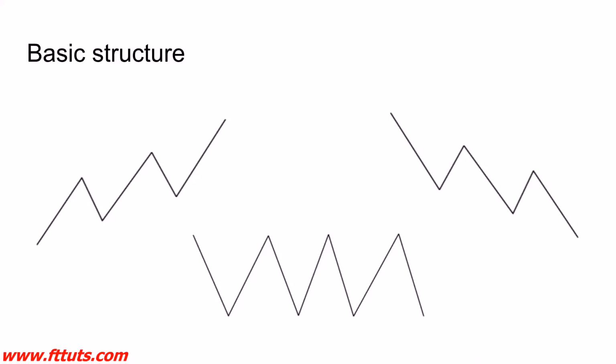So I think next time that I record this, I will change the wording. We're going to be looking at structure as opposed to patterns today. So forget the word patterns, and what we're going to be looking at is some basic structure and some advanced structure, okay?